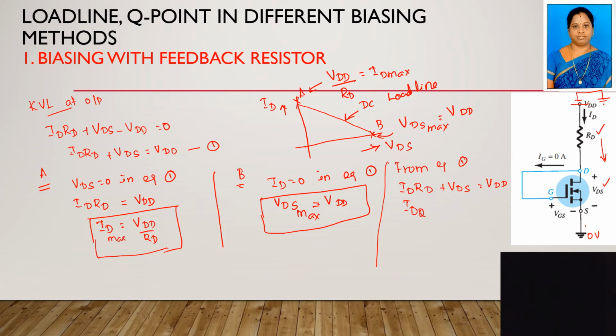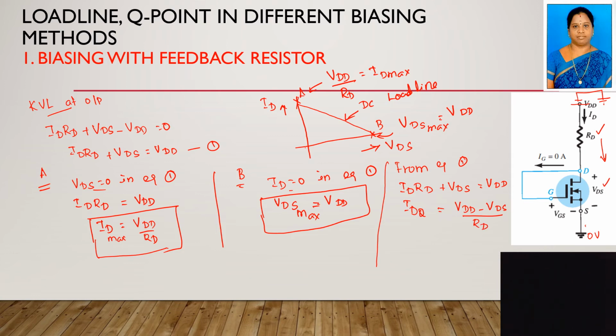In this equation, without substituting any condition, VDS equals 0, ID equals 0, nothing you have to substitute. The same equation, after applying KVL at the output side, you have one equation, right? In that equation, ID is nothing but IDQ, which is equivalent to VDD minus VDS by RD. So this is your IDQ.